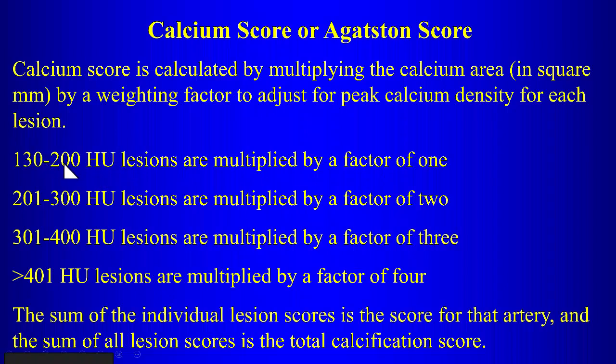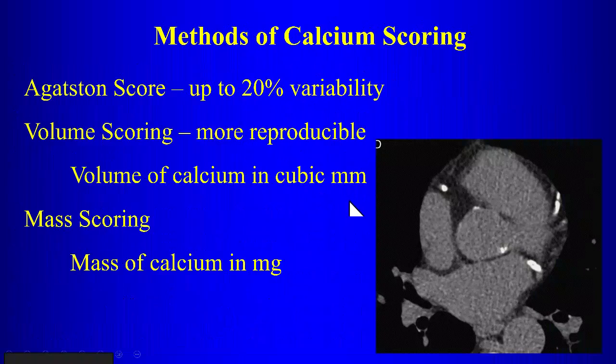So if it's this attenuation, multiplied by a factor of 1, if it's between 200 and 300, it's multiplied by a factor of 2, between 301 and 400, multiplied by 3. So it's a weighted scoring system depending on the attenuation that is being measured, okay? And it's the sum of all of this that the algorithm then spits out to you as a calcium score for that artery, and then it adds it all up to give you an overall calcium score.